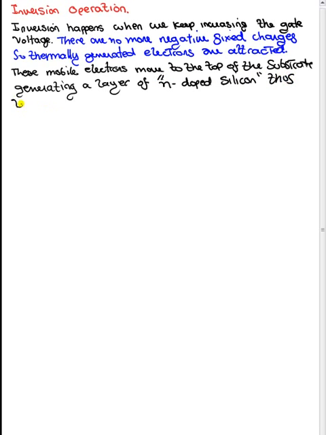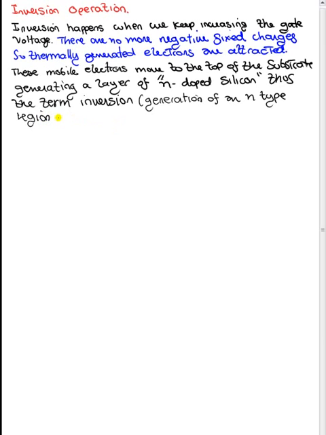That's where it comes from. Because you're generating an n-type region within p-type material. So what I want you to do is we're going to do it graphically, and later on we're going to read this and see that this follows.